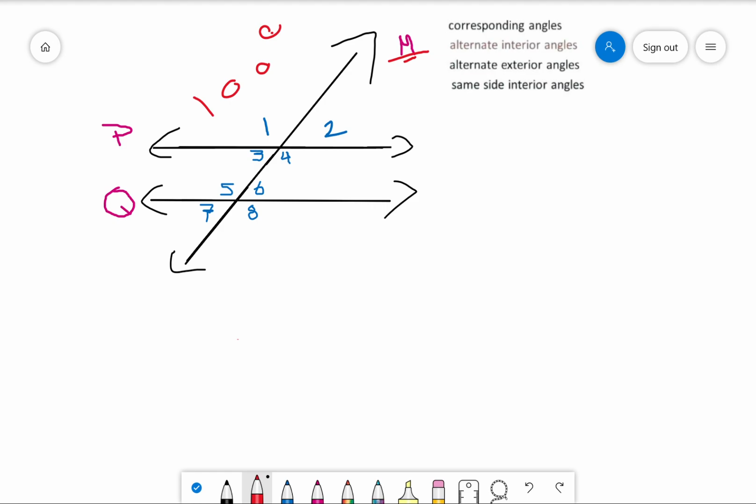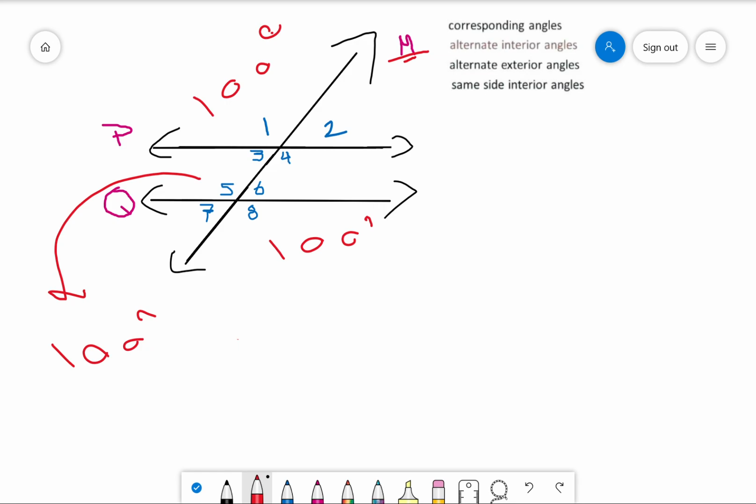Angle 8 is also 100 degrees. Angle 5 is also 100 degrees. So angles 1, 5 and 8 are 100 degrees.